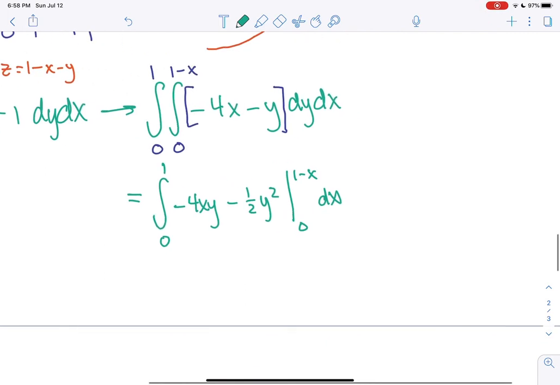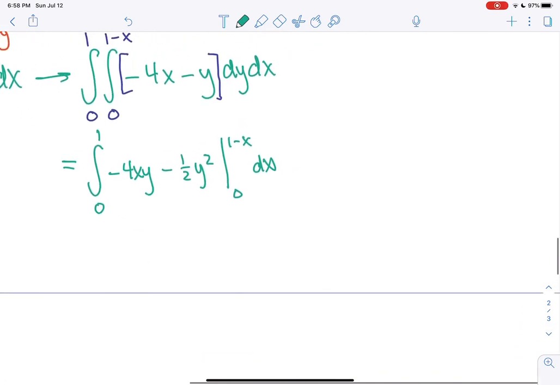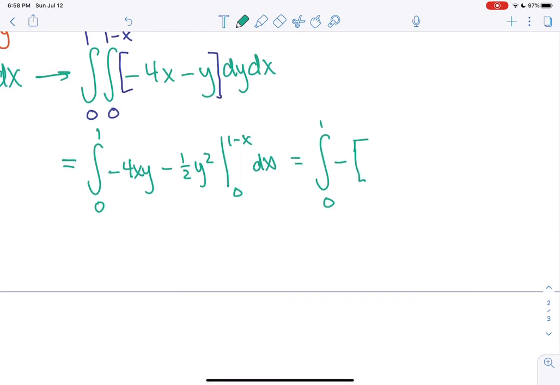So now we'll plug in the 1 minus x into all of our y's, and we'll get from 0 to 1 of negative 4x times 1 minus x plus 1/2 of 1 minus x squared dx.